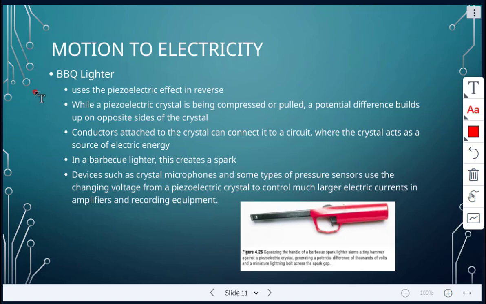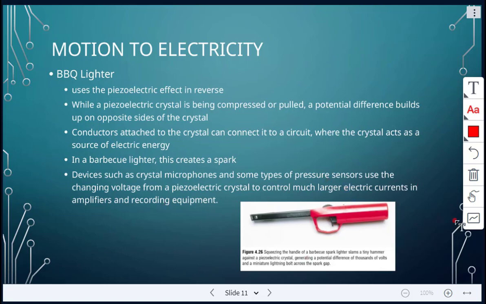There are conductors attached to the crystal that connect it to a circuit, and then that crystal acts as a source of electric energy, and it creates a spark in a barbecue lighter. Other devices like crystal microphones and some pressure sensors use the changing voltage from a piezoelectric crystal to control much larger electric currents, for example, in amplifiers and recording equipment.